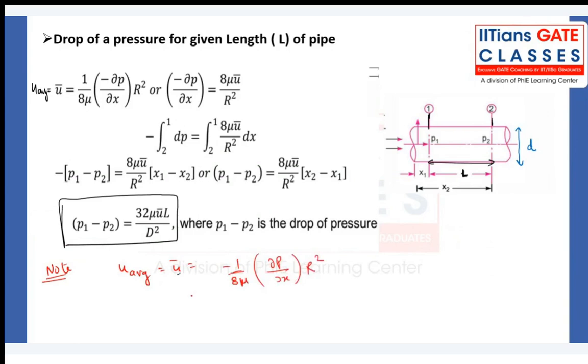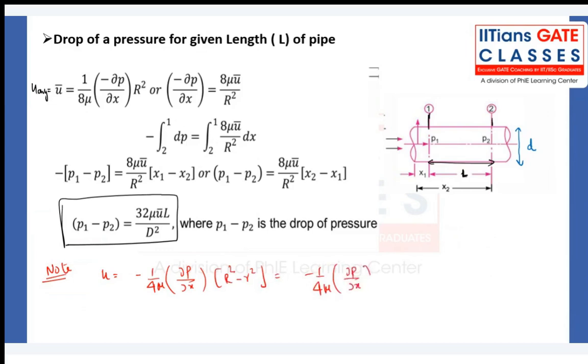Rather than writing this formula, let me write the velocity at any layer r: −1/(4μ) ∂p/∂x (R² − r²). Again, simplifying this one: −R²/(4μ) ∂p/∂x [1 − (r/R)²]. What is this? U maximum [1 − (r/R)²].